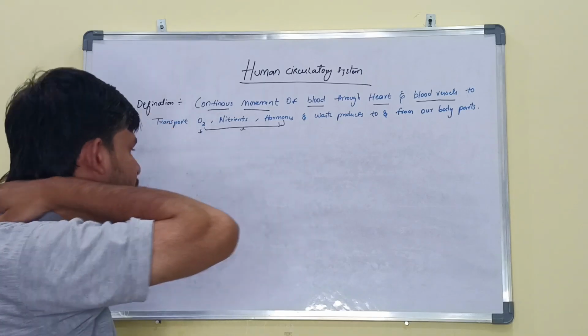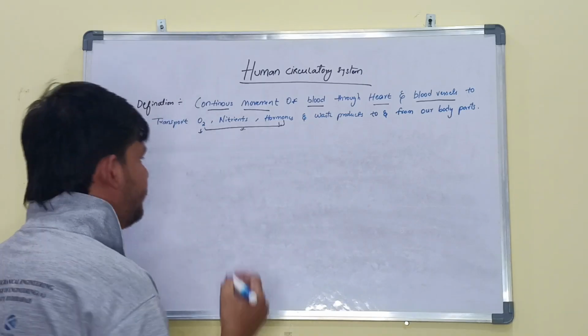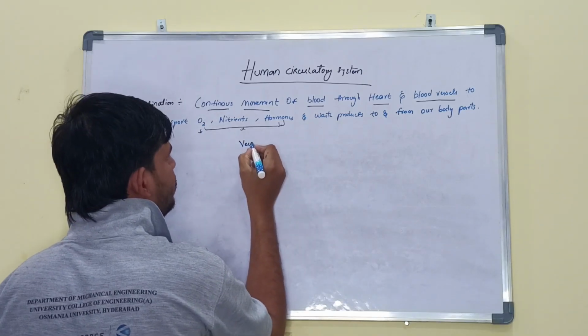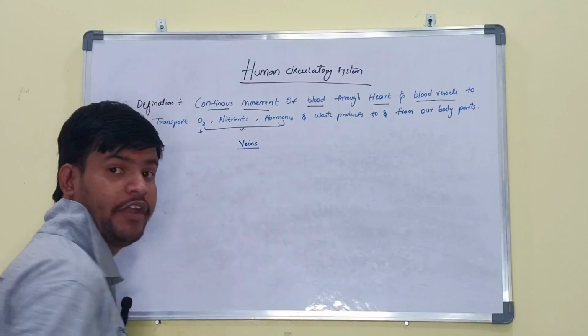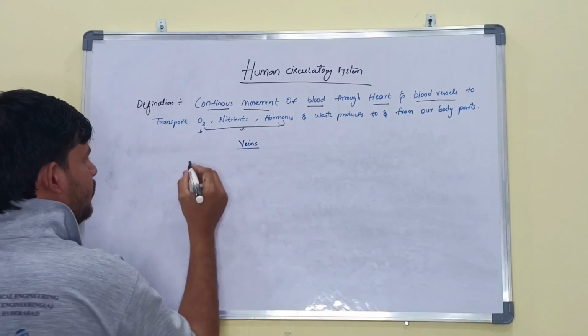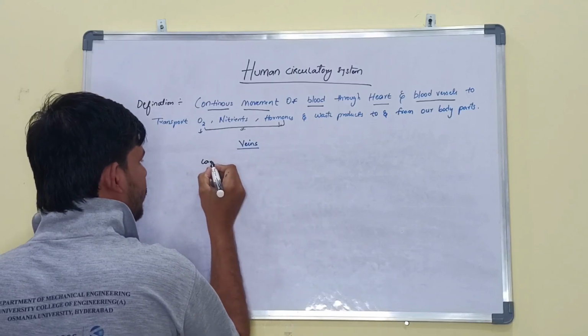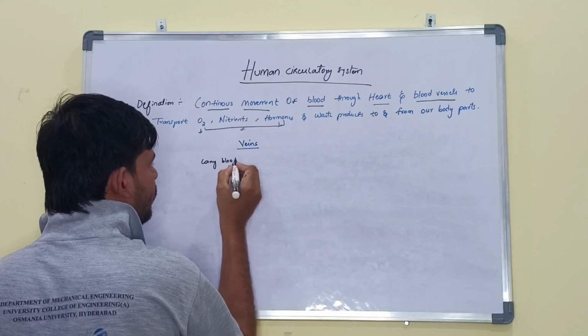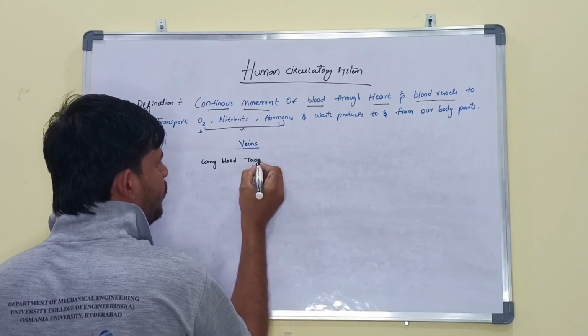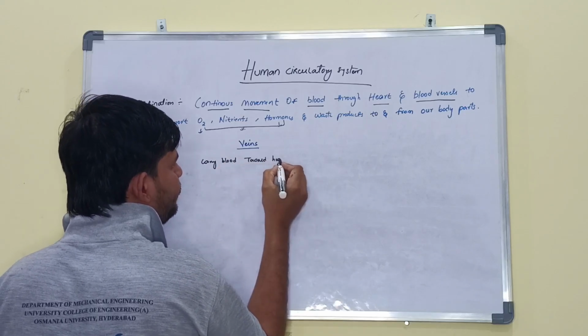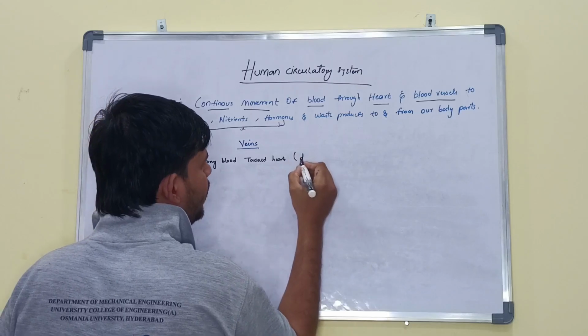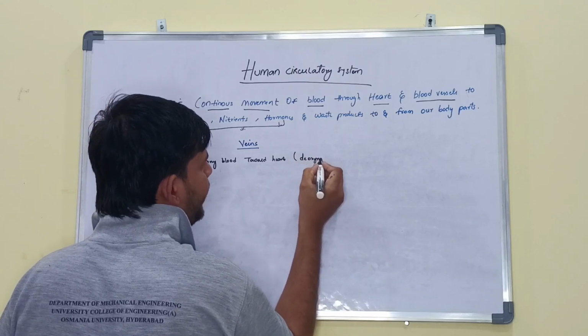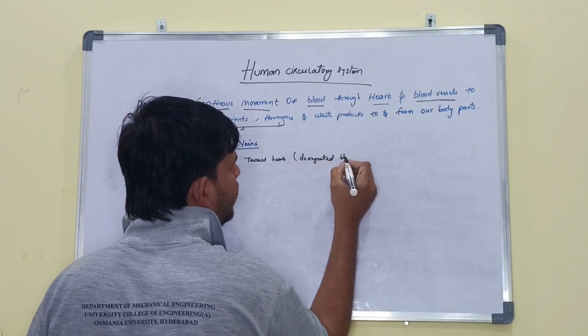Now we will be discussing about veins. What are veins? They carry blood towards heart, that is deoxygenated blood.